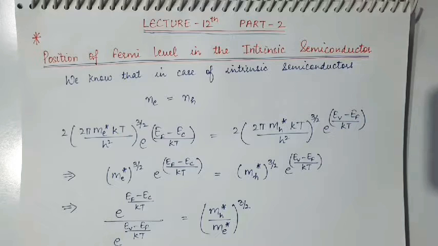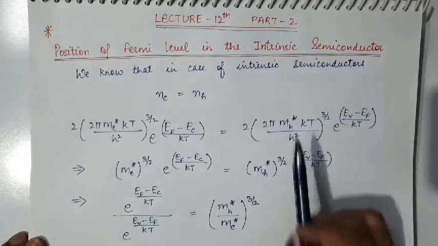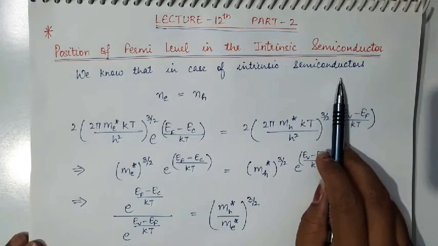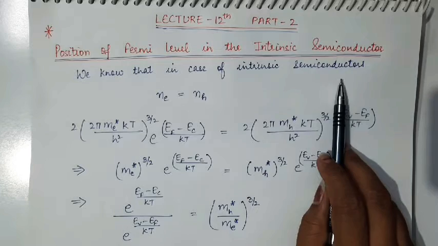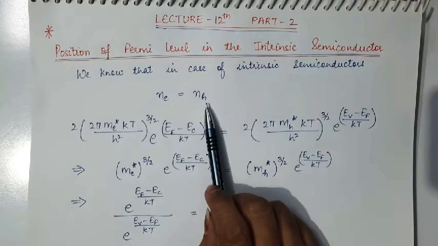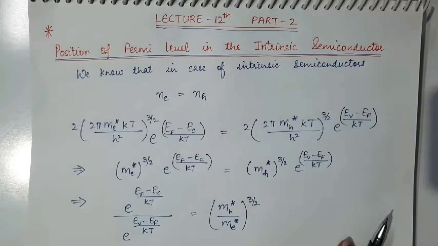Does it lie close to the conduction band, or close to the valence band, or in the middle of both? As we know, in an intrinsic semiconductor the number density of electrons is equal to the number density of holes, because the electrons that move from the valence band to the conduction band leave the same number of holes in the valence band.